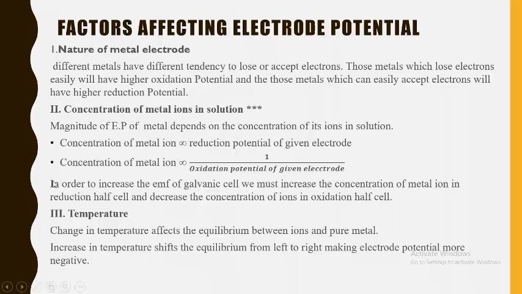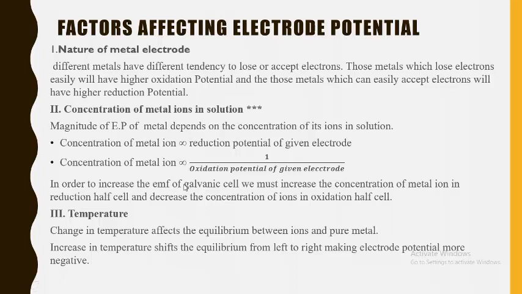So if we are trying to find the EMF of cells, and we have connected the Daniell cell, that is the galvanic cell, and we increase the concentration of metal ion in the reduction half cell and decrease the concentration of ions in the oxidation half cell, then we will see an increase in the EMF of the galvanic cell.